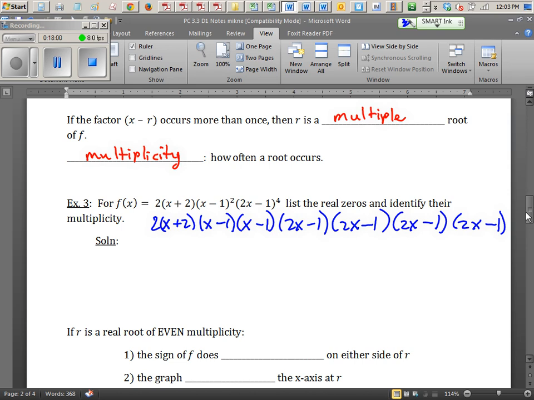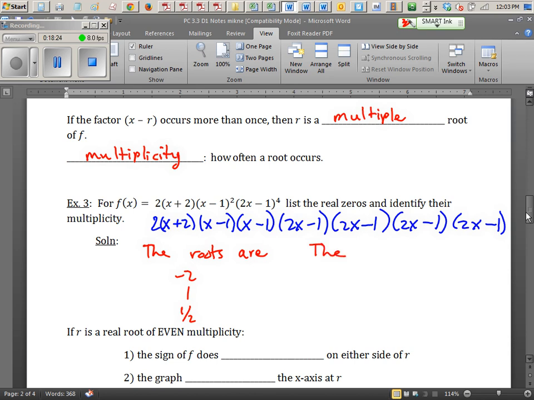And you can see that the x minus 1 shows up twice. And the 2x minus 1 shows up 4 times, see? So this is how you would describe it. You would say the roots are, and then you would just basically write negative 2, 1, 1/2. Those are the 3 roots for this problem.